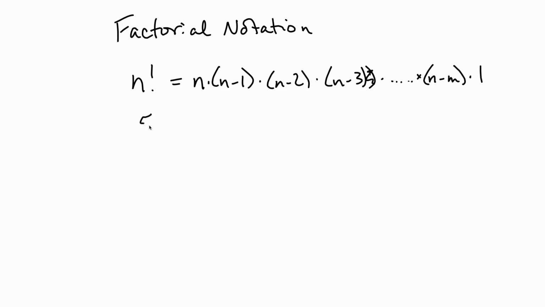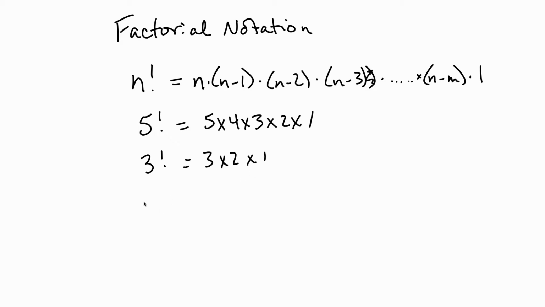So for example, 5 factorial is equal to 5 times 4 times 3 times 2 times 1. 3 factorial is 3 times 2 times 1. Any number is itself times all of the whole integers lesser than it, up to and including 1.